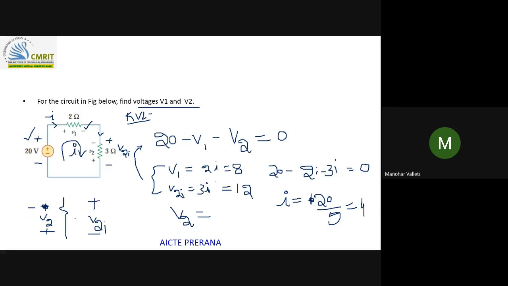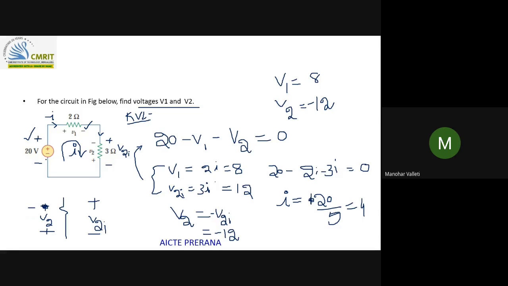Both are in reverse polarity. So V2 equal to minus V2I, so you will get minus 12. So V1 will be 8, V2 will be minus 12.